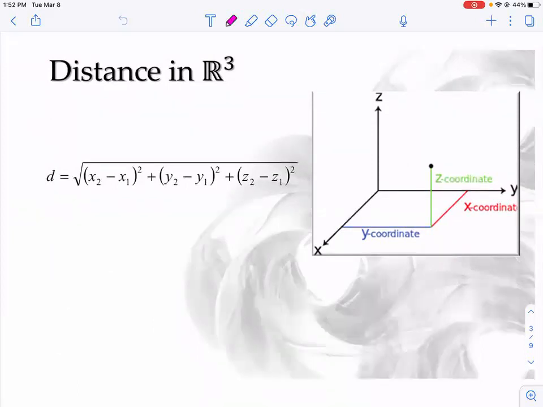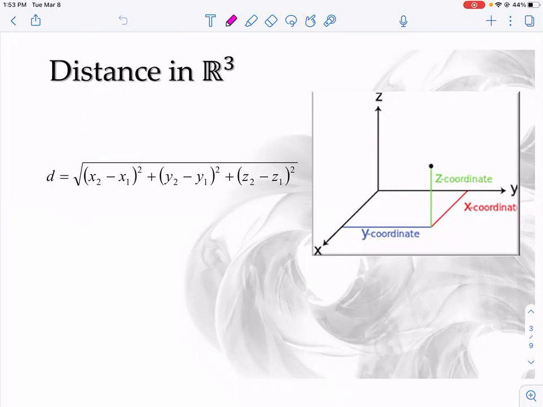Everything's still squared. So you're going to be given two coordinates under the square root.